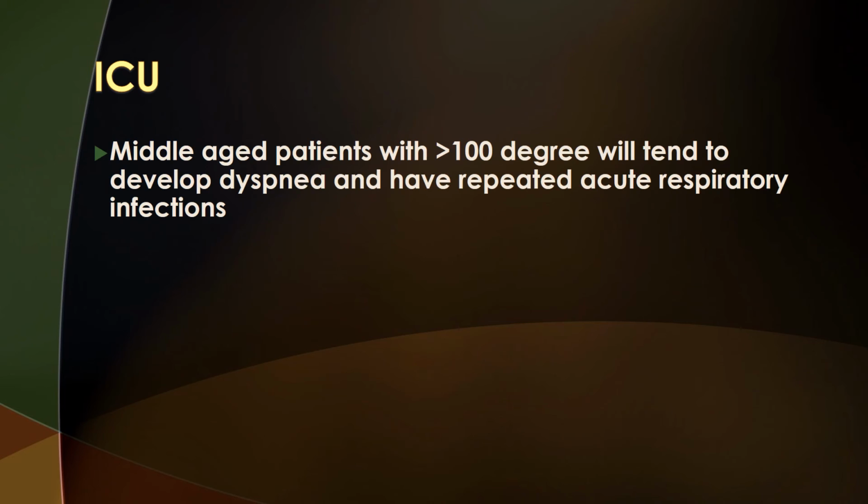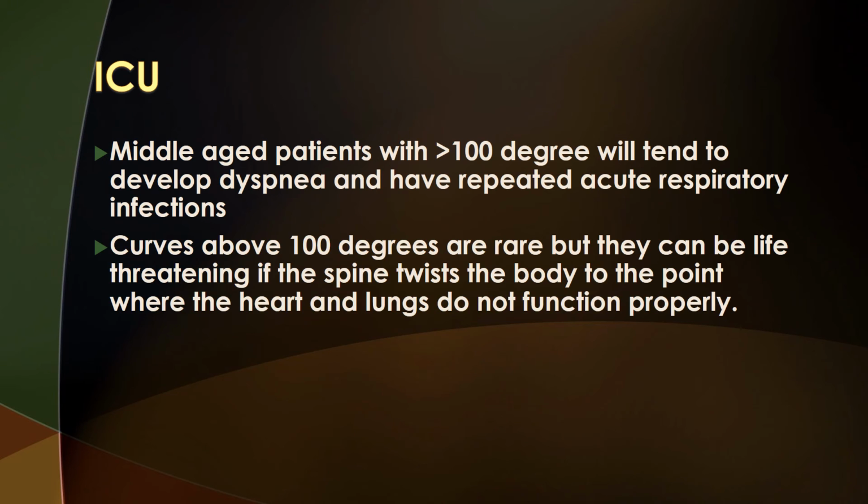So at what point should someone with kyphoscoliosis go to the ICU? Well, middle-aged patients with 200 degrees will tend to develop dyspnea and have repeated acute respiratory infections. Curves above 100 degrees are rare, but they can be life-threatening if the spine twists the body to the point where the heart and lungs do not function properly, and at risk for respiratory failure.